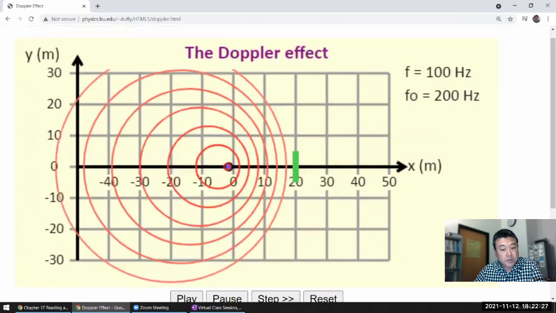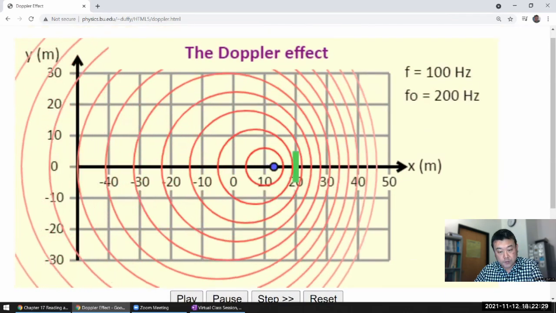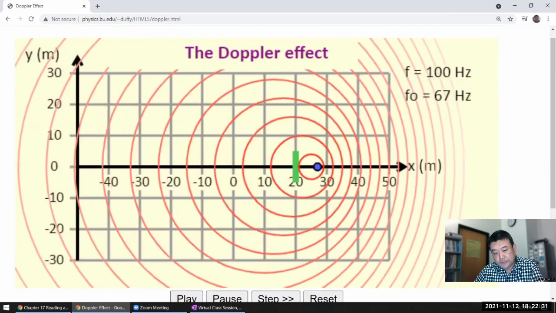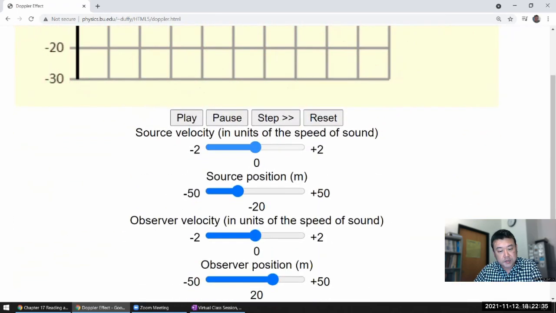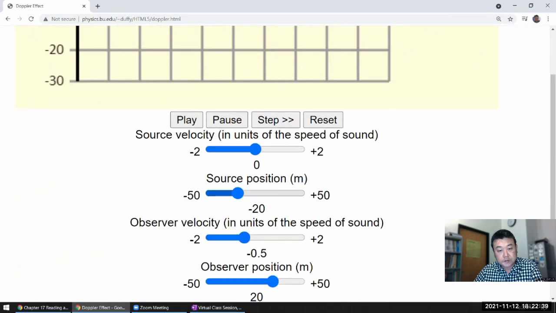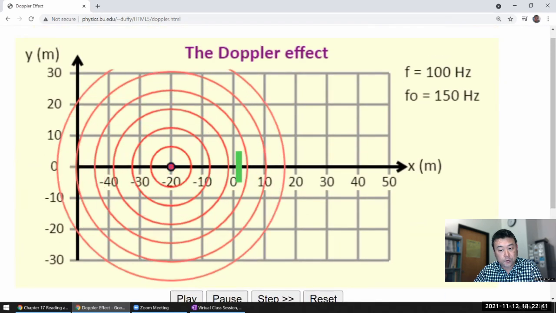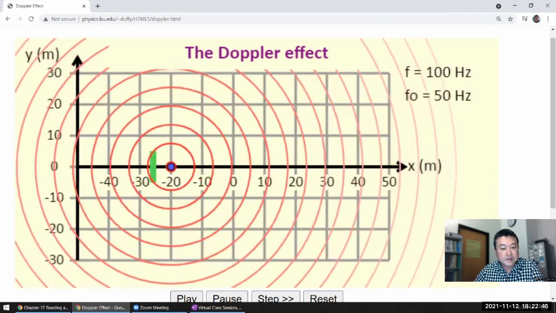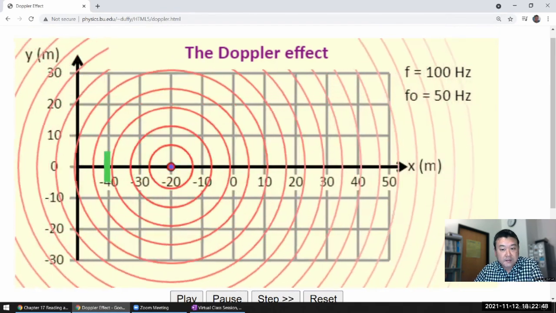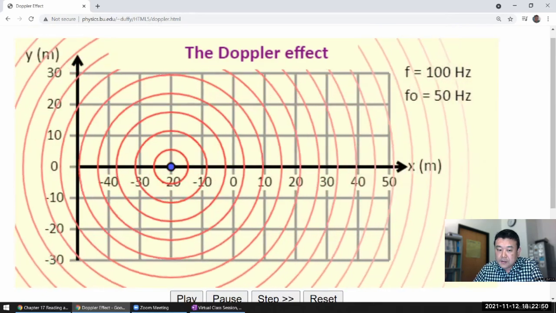That's what you saw in the case where the source was moving. Now let's change it back to where the source is stationary and the observer is moving towards the source. The high frequency is not double, it's I guess 3/2, and the lower frequency is not 2/3, it's half.